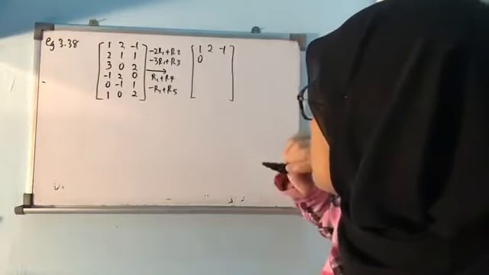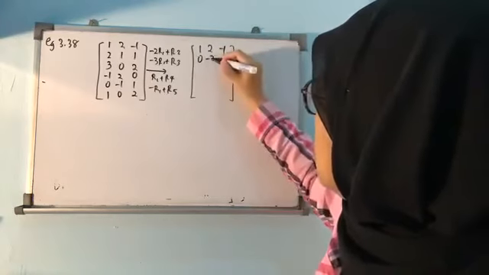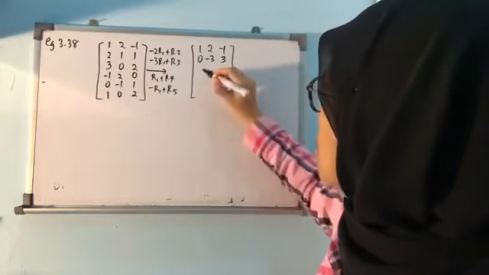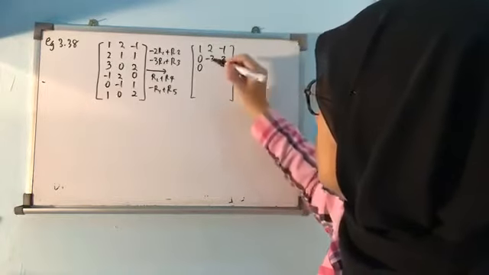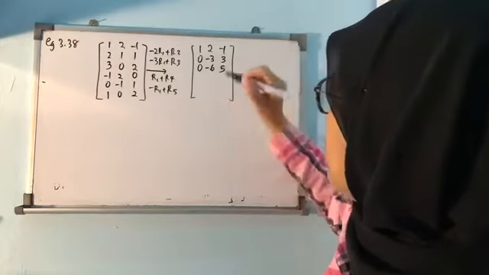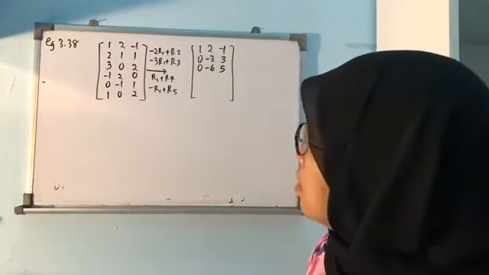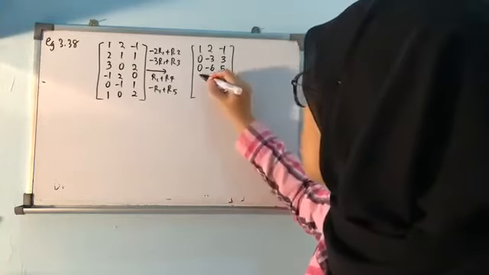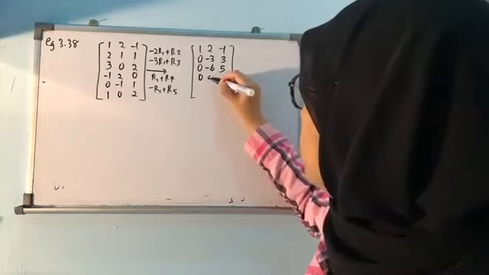Zero. Negative 3. 3. 0. Negative 6. 5. Okay. 0. 4.